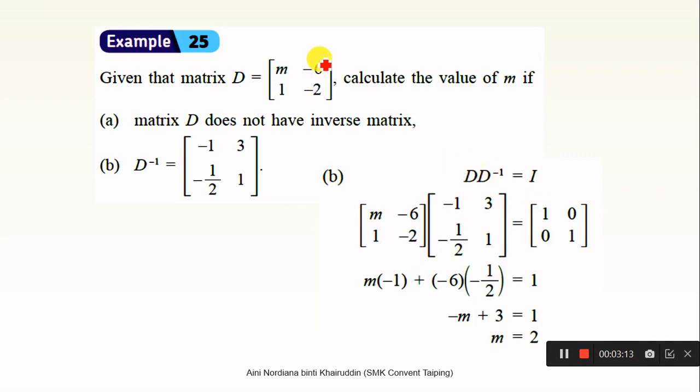So this is matrix D, and this is the inverse matrix of D. We just multiply both matrices and equate to I, where I is an identity matrix. You just multiply these two matrices, and then you will get the value of M.